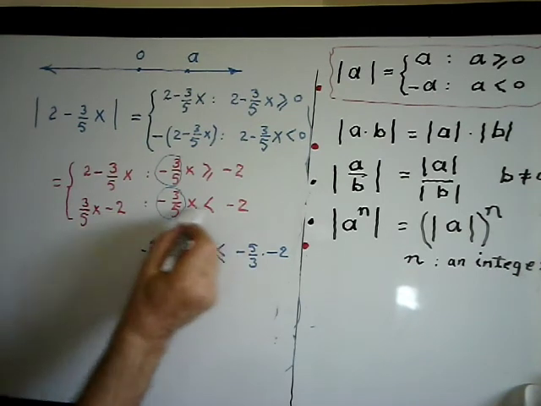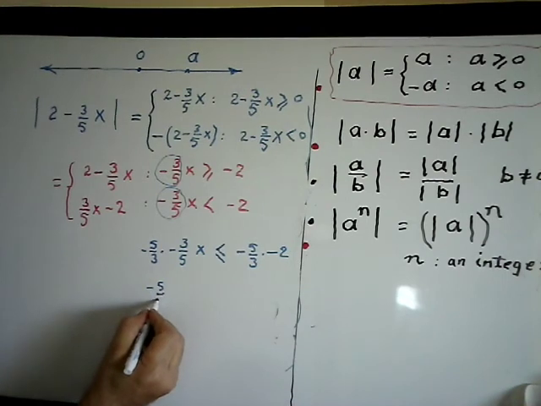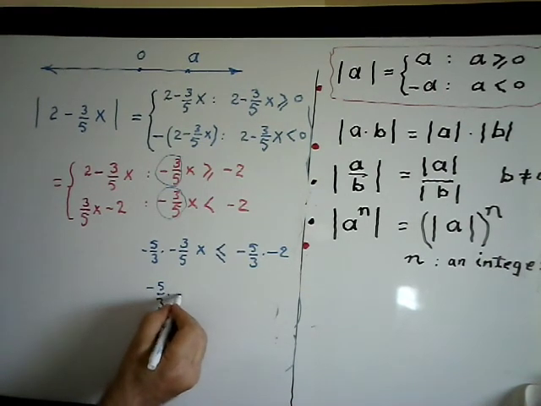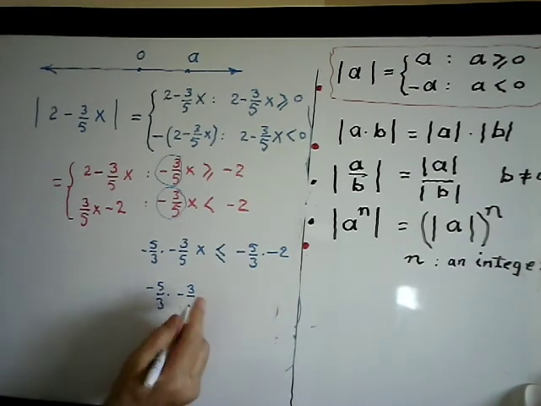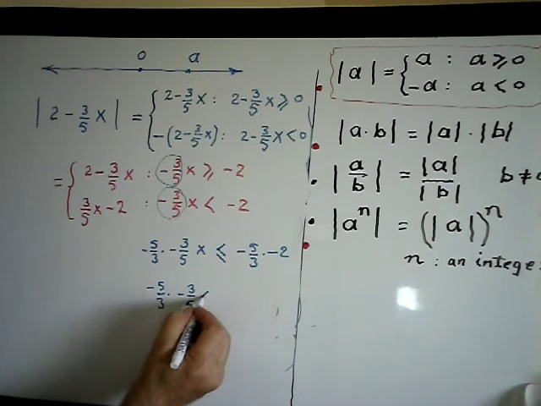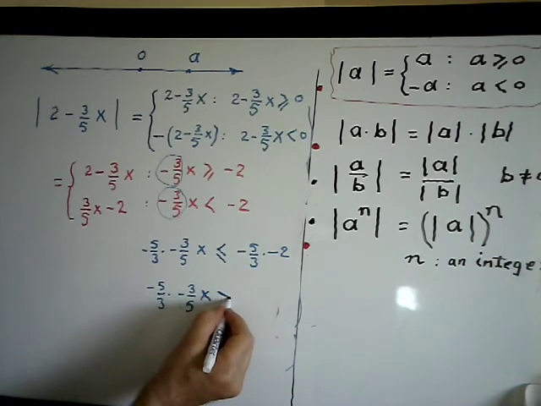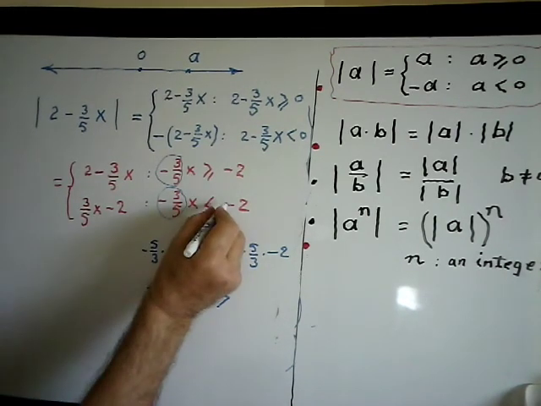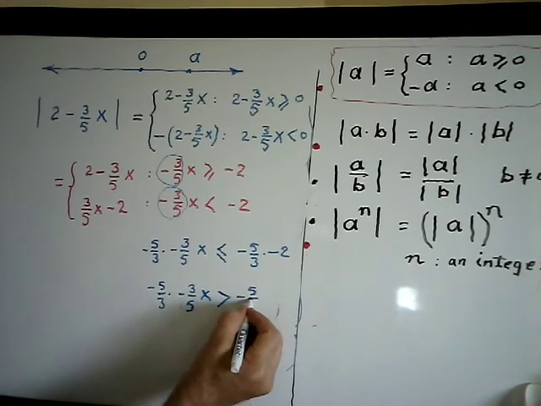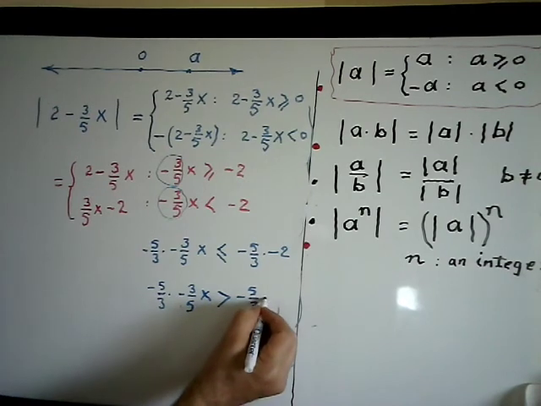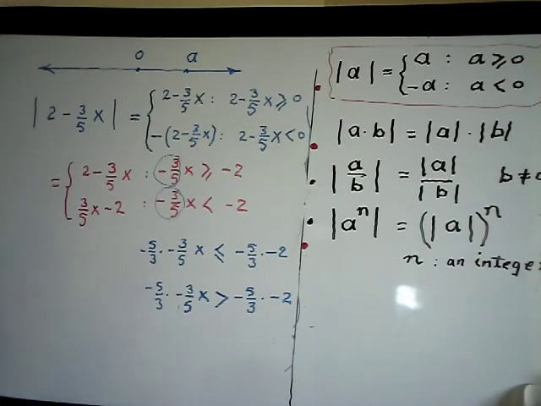And we do the same thing here. Negative 5 over 3 times negative 3 over 5x, and this will be changed into greater than, and multiply the other side by negative 5 over 3 by negative 2. See what happened?